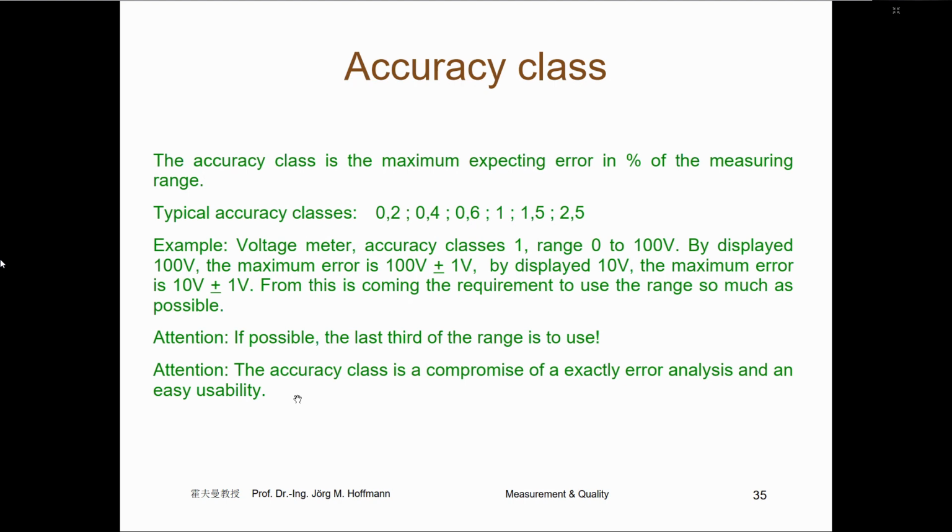In the next lecture, we will start with the systematic errors. The systematic errors are errors where we know all this. When we know all these points, the amplitude, the sign, and when they occur, then we can correct these systematic errors.